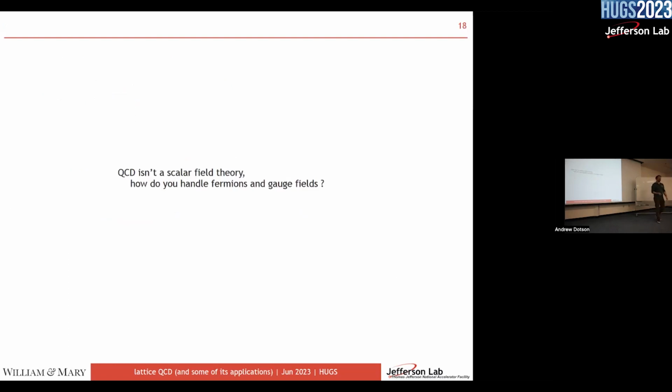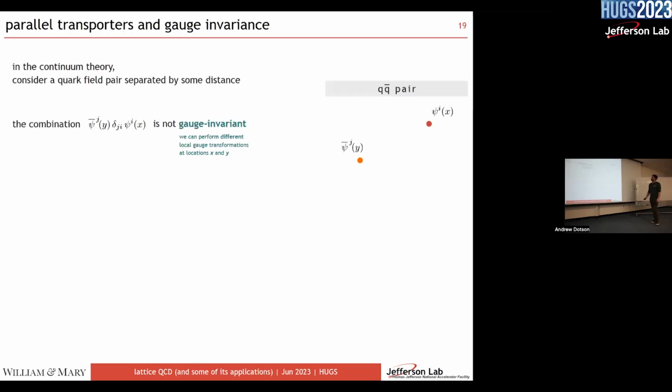But QCD isn't a scalar field theory. So obviously I was showing you a scalar field theory because it's easier to think about nice, simple, real numbers at each point in space-time. We've got to go back to handle quarks and gluons, fermions and gauge fields. And here it gets a little bit more complicated, but the conceptual picture is exactly the same.